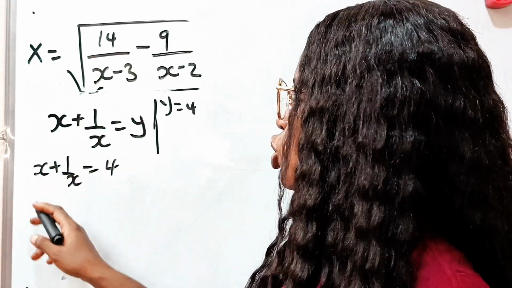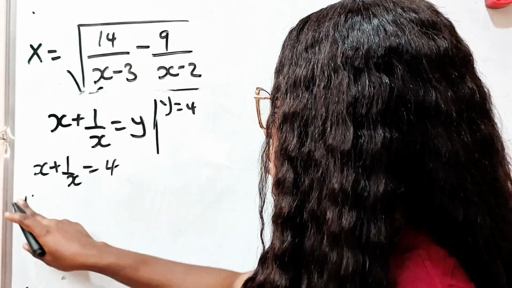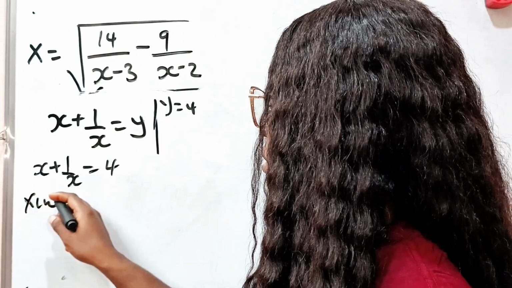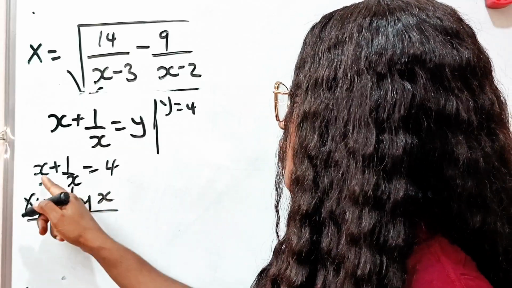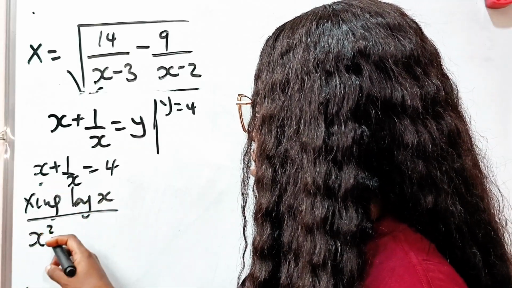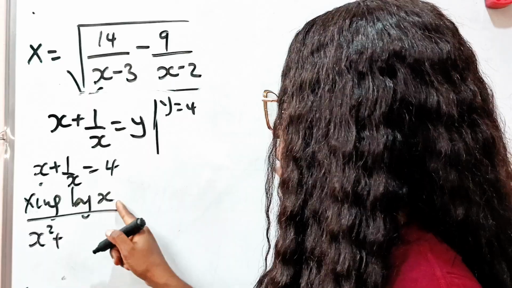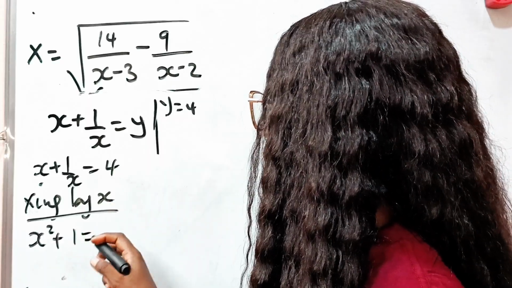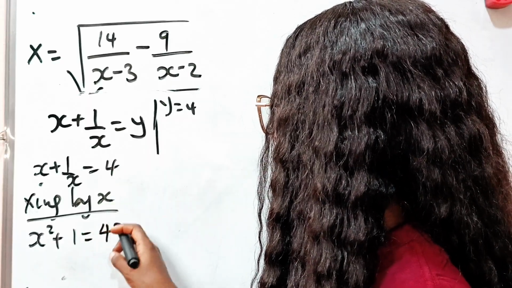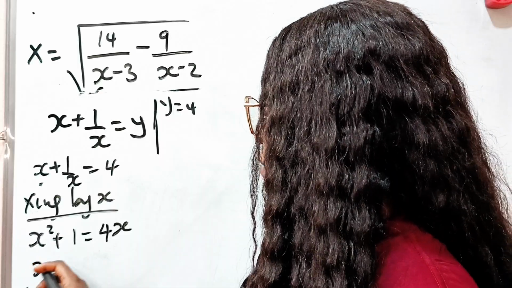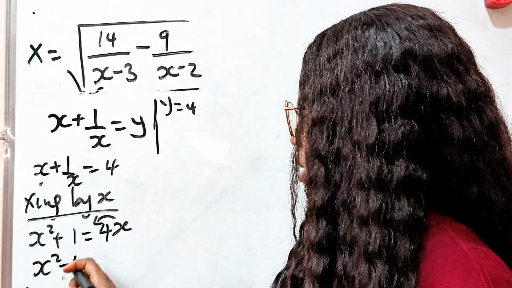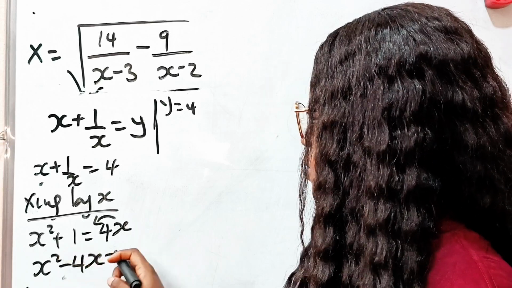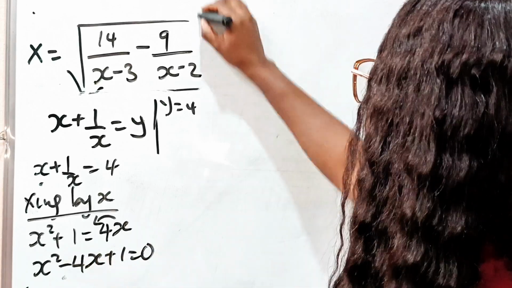Now if we multiply through by x, we will have x times x is x squared, plus 1/x times x gives us 1, and 4 times x is 4x. So we have x squared, transfer this to this place, minus 4x plus 1 is equal to 0.